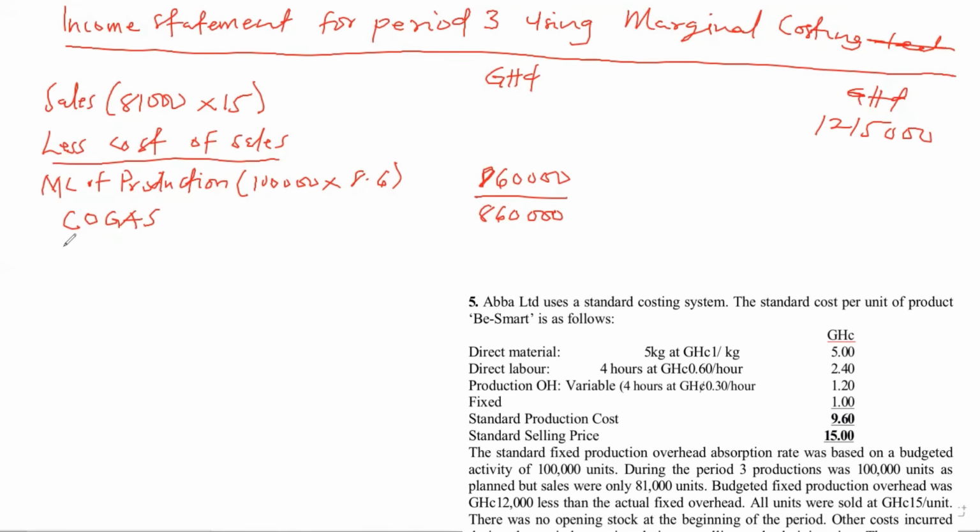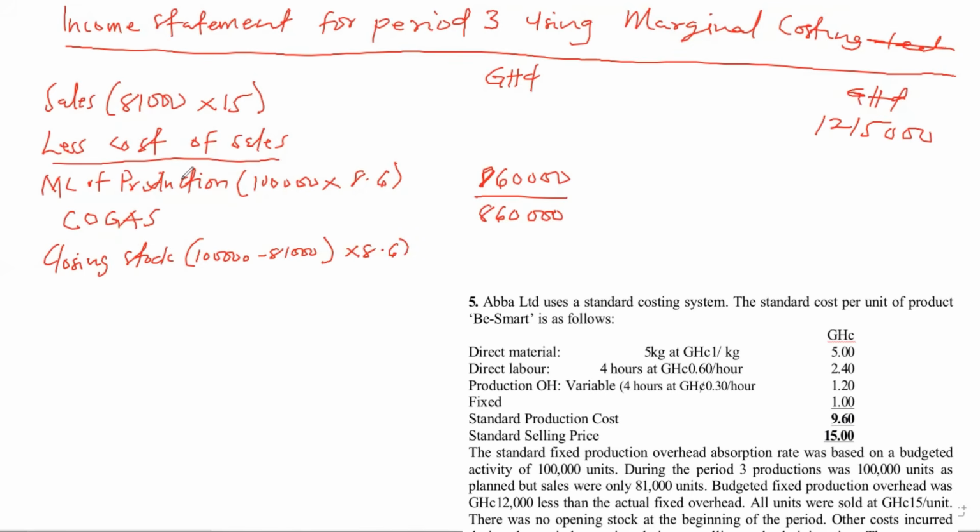So our closing stock is equal to 100,000 minus 81,000 by the production cost per unit. So 8.6, because it is cost that we are calculating for, not sales.